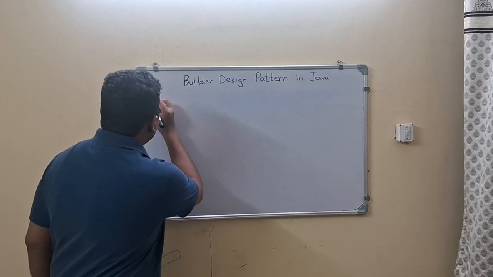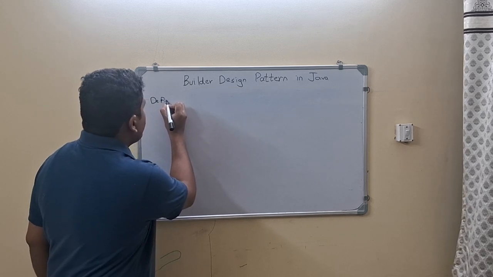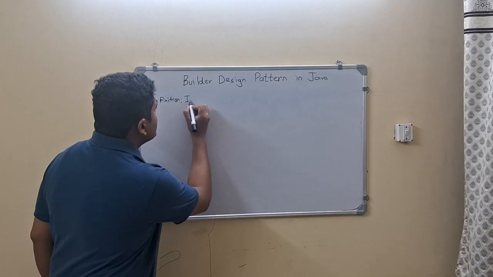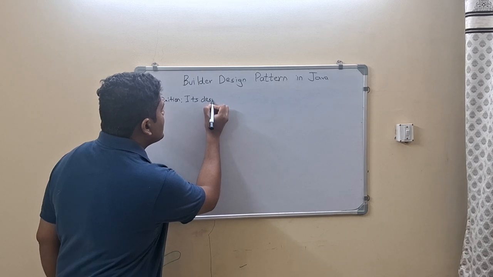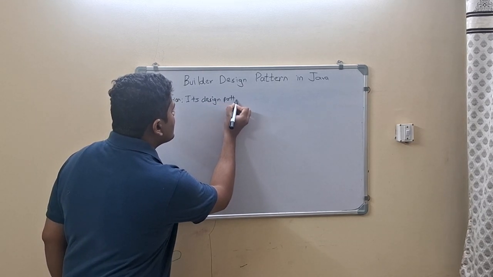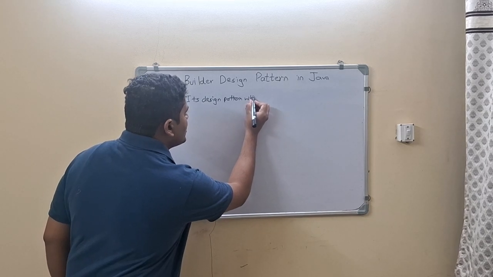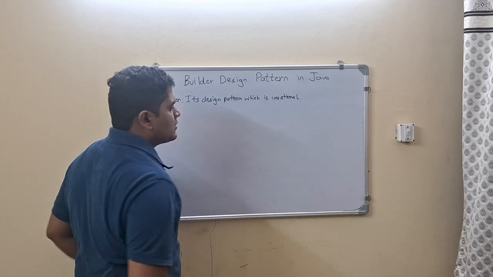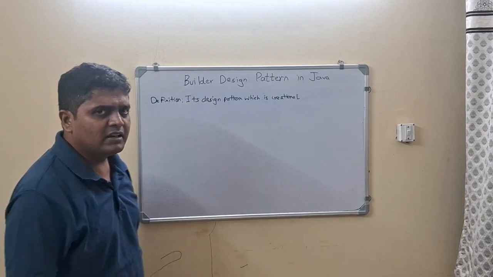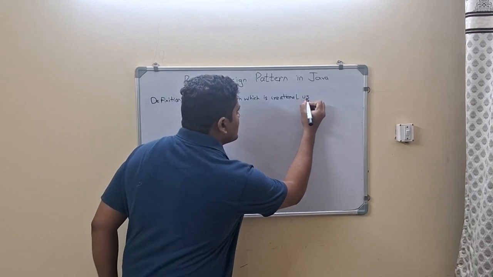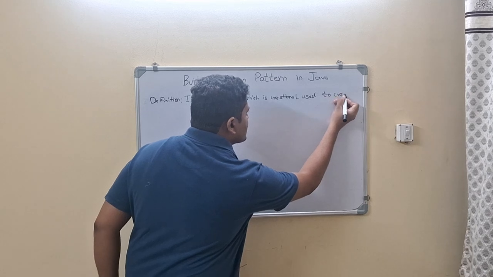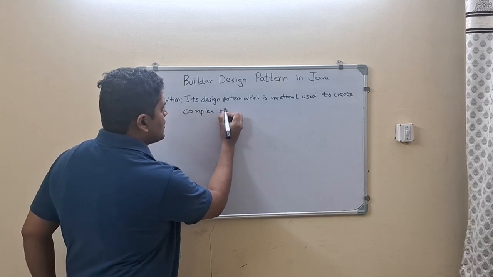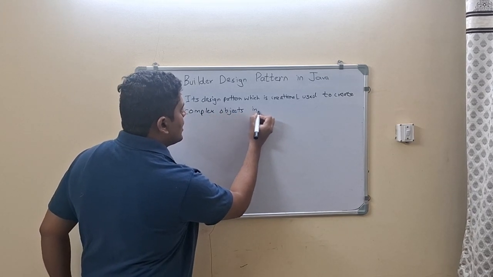By the definition, the builder design pattern is a creational type pattern, and it's used to create complex objects in Java.